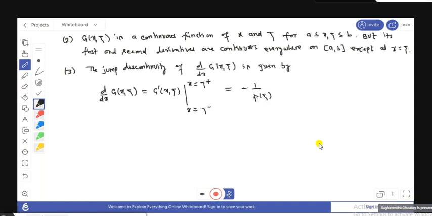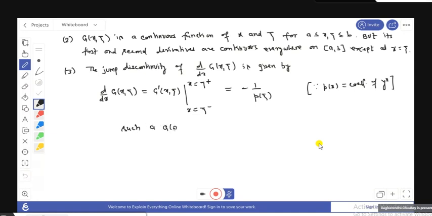What is p? P of x is the coefficient of your y double prime. So here, P of x is the coefficient of y double prime.